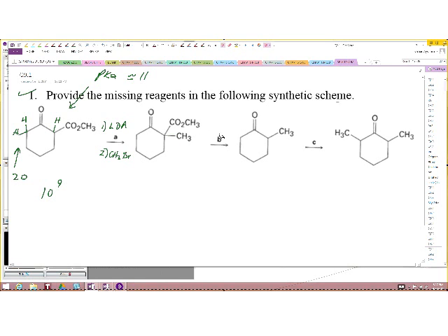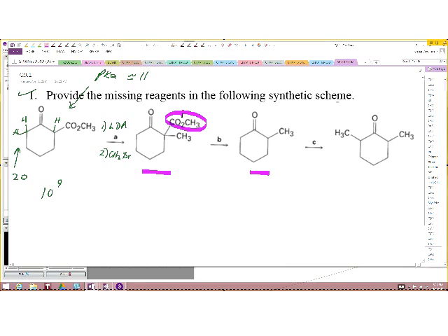Okay, now, step B, we want to go from here to here. At this point, what are we doing? Essentially, we are going to lose this here. In essence, we are going to do some decarboxylation.